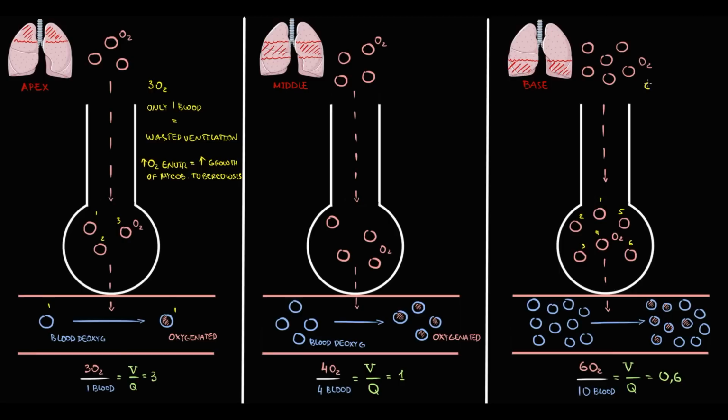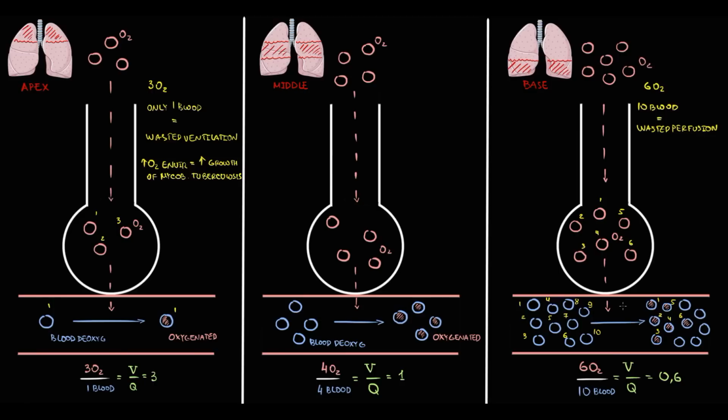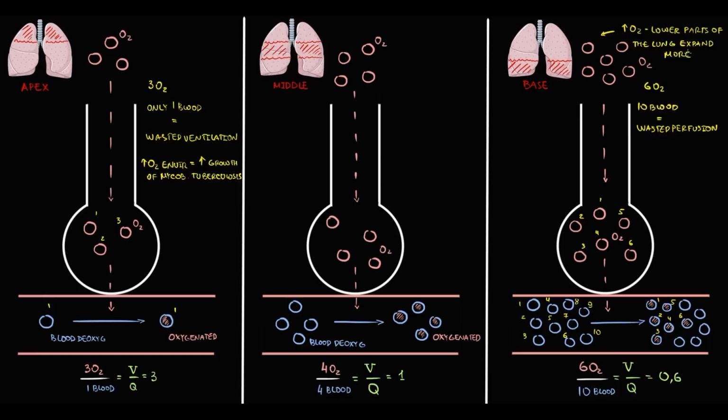In the base, for 6 units of oxygen we have 10 units of blood. Because of this, we call this the zone of wasted perfusion. As you probably noticed, both ventilation and perfusion are greater at the base of the lung than at the apex. Ventilation is higher at the base because the lower parts of the lungs expand more during breathing.